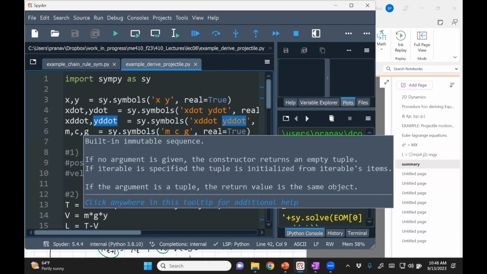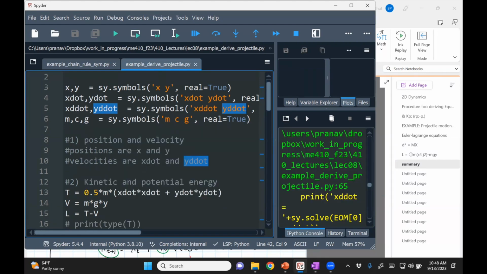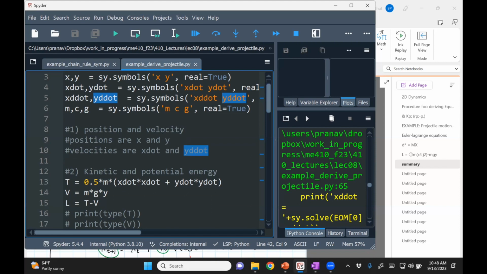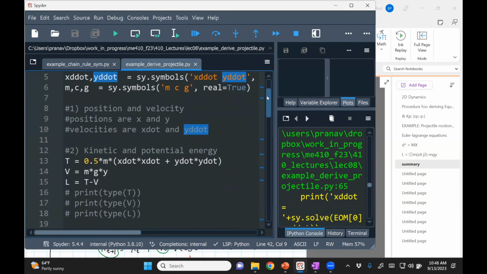Now I also need to define the constants in the problem: mass, drag constant, gravity. I'm following the same recipe, Euler-Lagrange. I need to specify position, but that need not be done here; you can skip that. You'll need it later in the double pendulum.